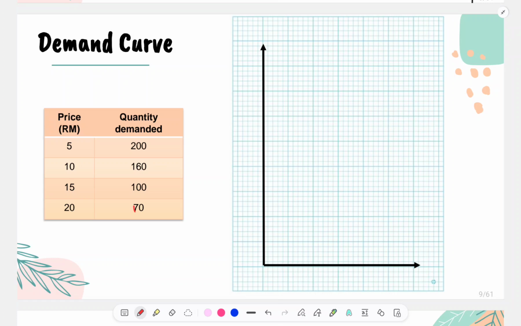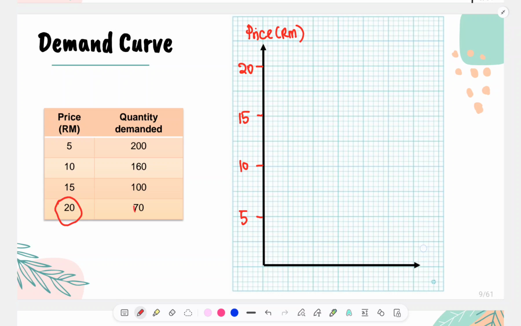For example, for price on the y-axis, I will use two big boxes, which is around 2 centimeters, and for numbering, I choose 5 ringgit. I stop at 20 ringgit because, referring to our table, the maximum price is 20 ringgit.